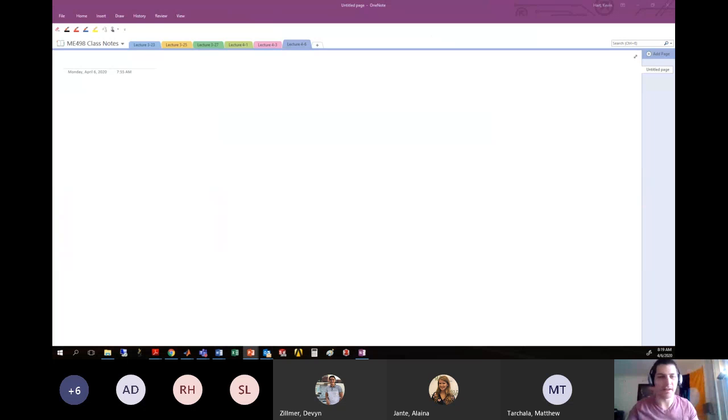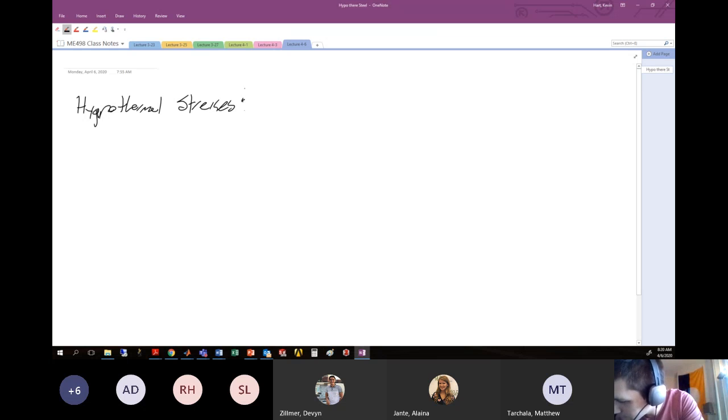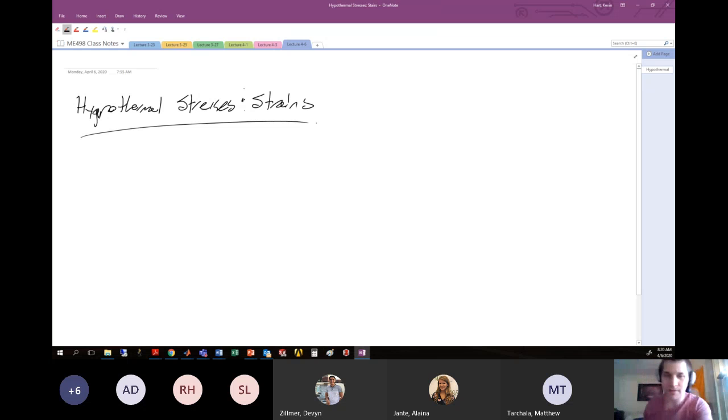All right, so the topic for today is going to be hygrothermal stresses. All right, so let's give ourselves a general problem statement. I've alluded to these things informally, but let's formally talk about things that could contribute to shrinkage, warpage, and so on if we have a composite that we're manufacturing.